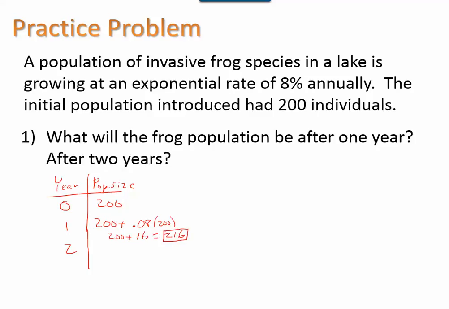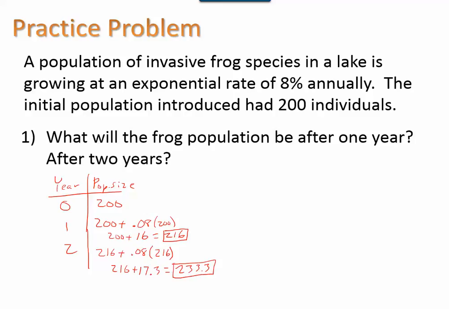Now, after another year, it's going to be 216 plus 8% added on. So 8% of 216. And I'm going to have to pull the calculator out here. Plus 17.3. And so that will give us a total of 233 and a third frogs.